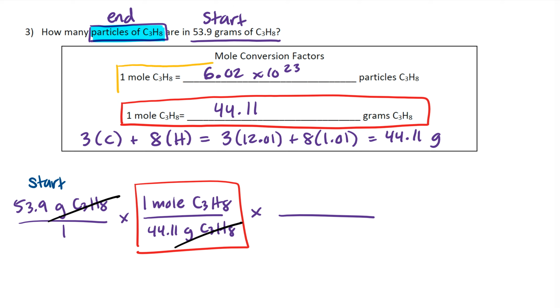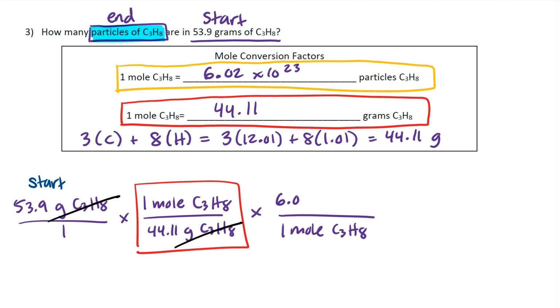Again, following my color scheme, we are going to put a yellow box around that first conversion factor. 1 mole is equal to 6.02 times 10 to the 23rd particles. Again, I know 1 mole, that same unit has to go down and across because I need to cancel. And that is all equal to 6.02 times 10 to the 23rd particles of C3H8.